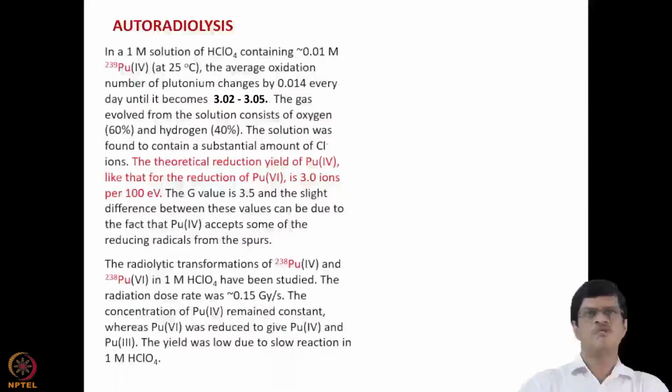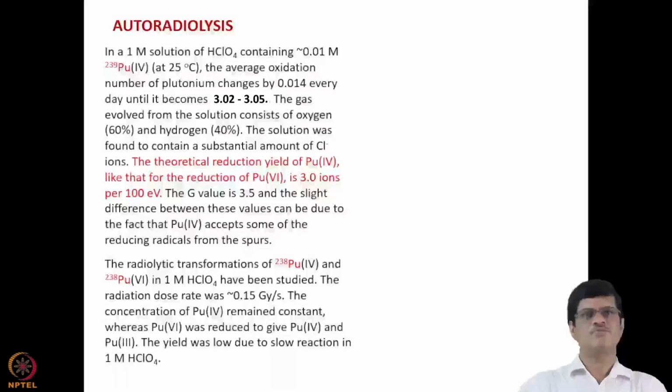Continuing in this autoradiolysis, in a 1 molar solution of perchloric acid containing 0.01 molar plutonium 239 in the +4 oxidation state at 25 degrees, the average oxidation number of plutonium changes by 0.014 every day until it becomes 3.02 to 3.05.